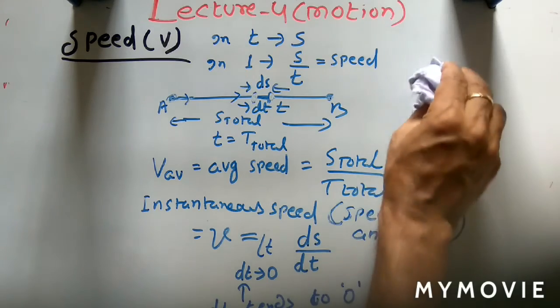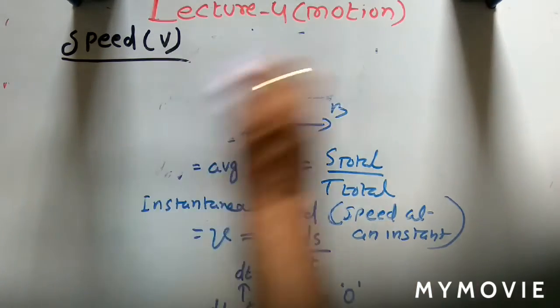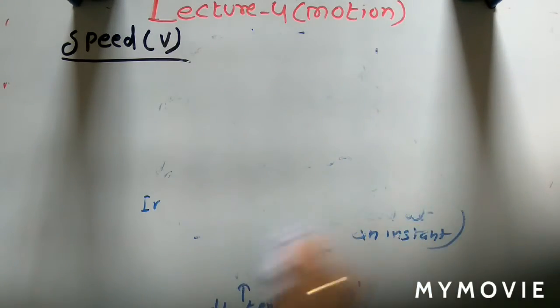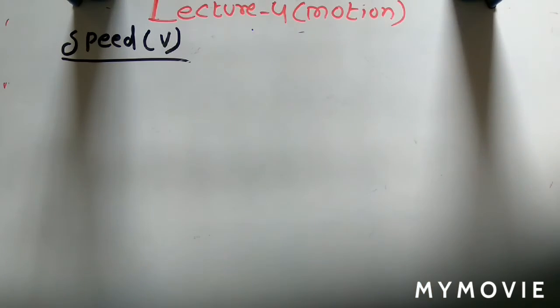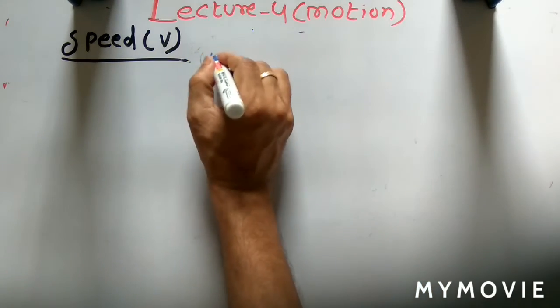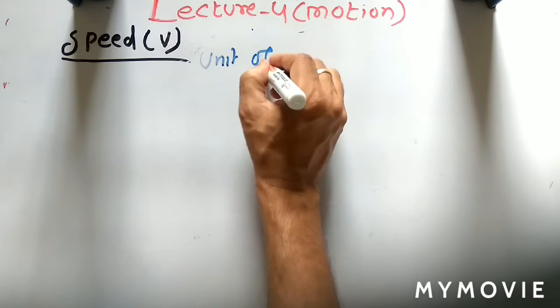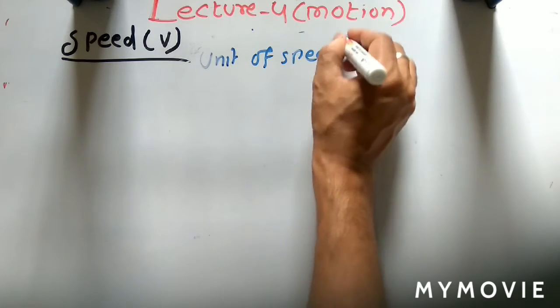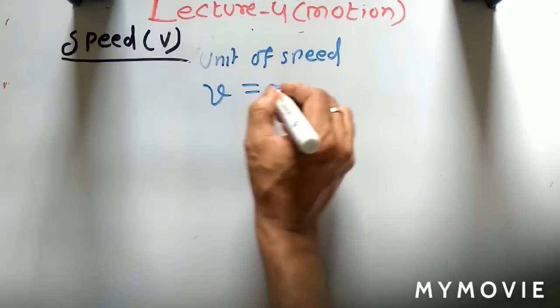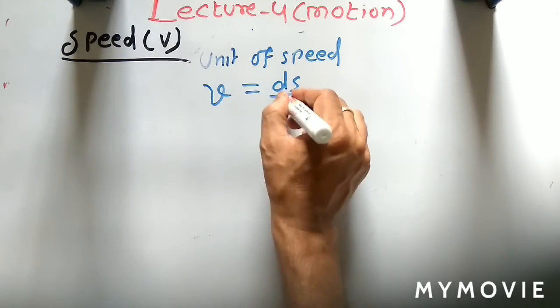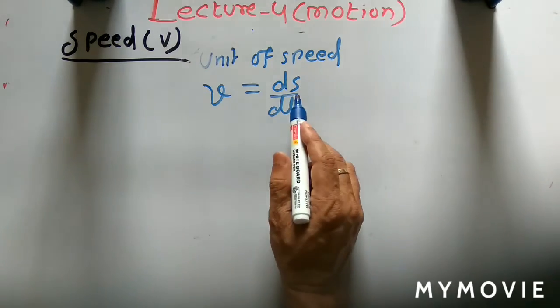Okay, so what is the unit of speed? Unit of speed is equal to... speed is defined as ds by dt. So this is which speed? Instantaneous speed.